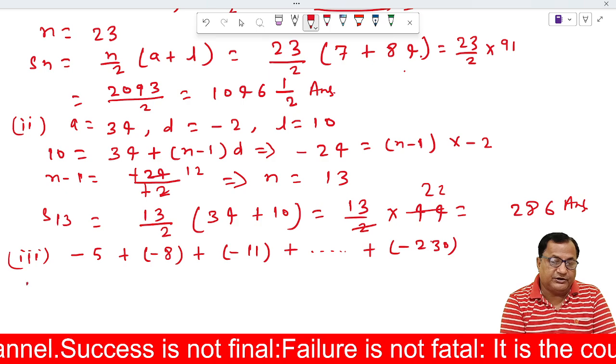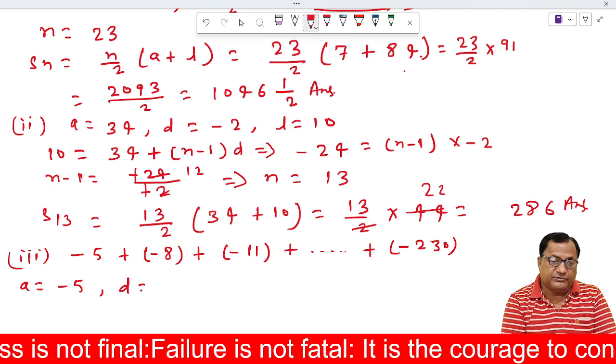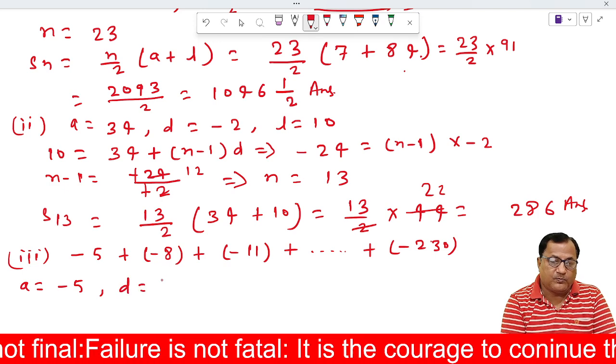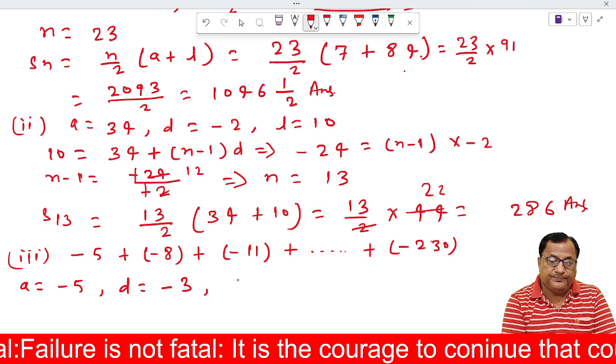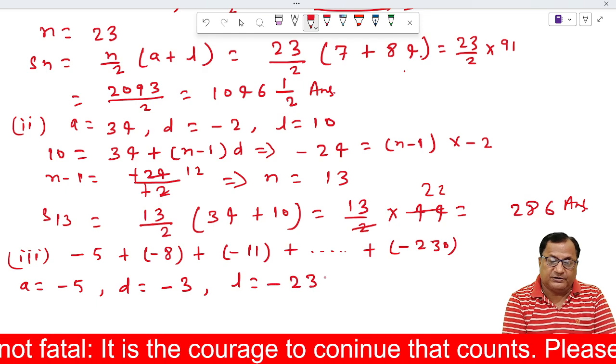So here A is equal to minus 5, D is equal to minus 3, and L is equal to minus 230.